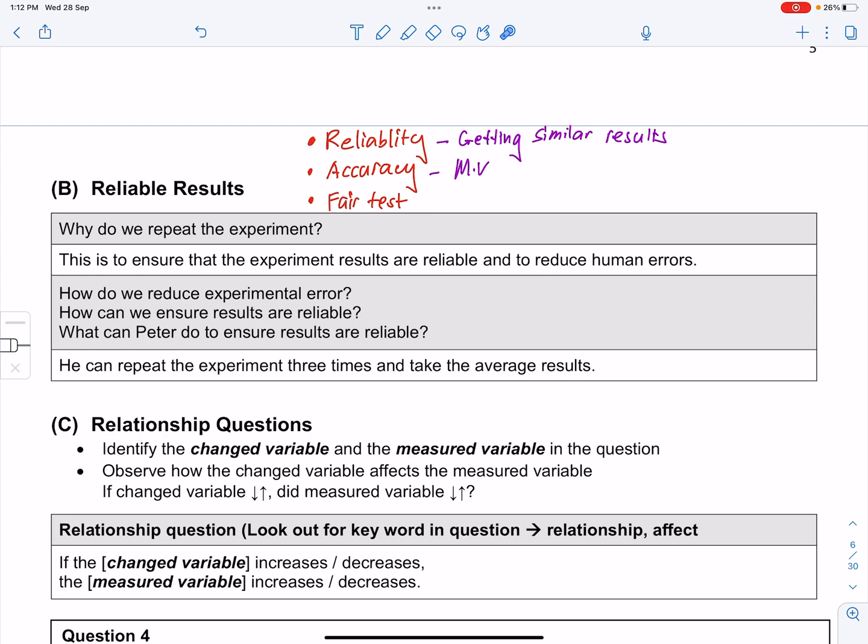The last one is about fair test, which talks about only having one changed variable. Because if you have 2 changed variables, for example, if we take our drinking milk makes one taller example, besides just having one twin have milk and the other not, I actually changed their sleeping time.